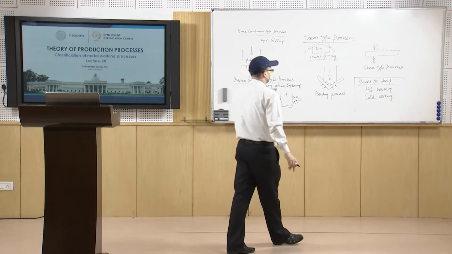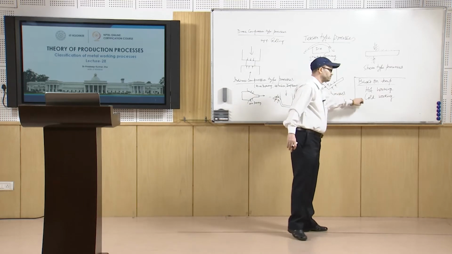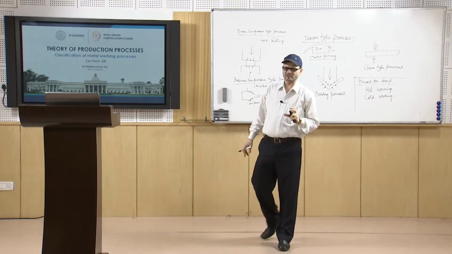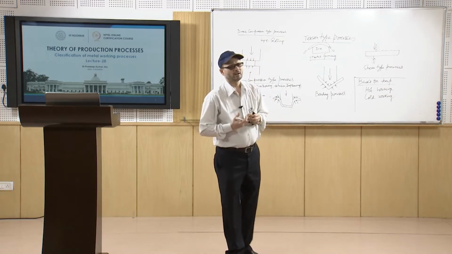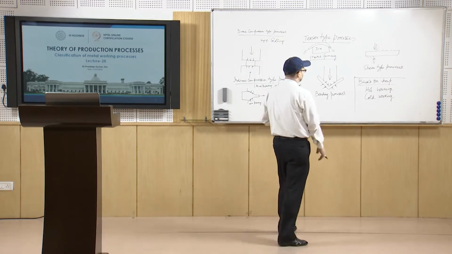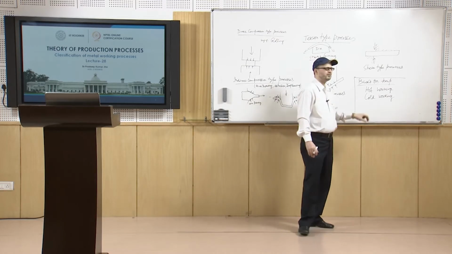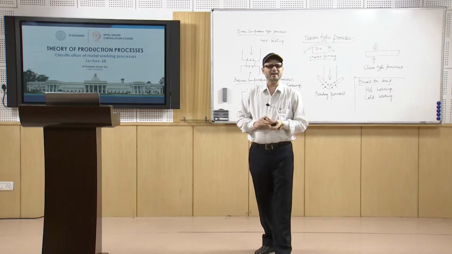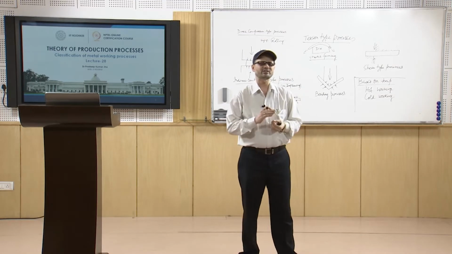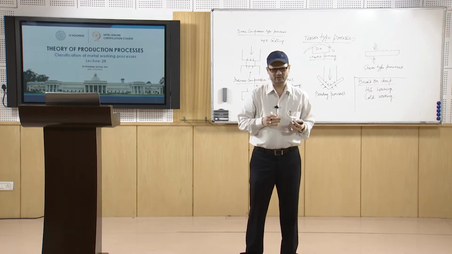In cold working, if the temperature is lower, it is done normally for finishing operations and also for giving strength. In these cases, the material is deformed and plastic deformation takes place, and during that, strain hardening takes place.